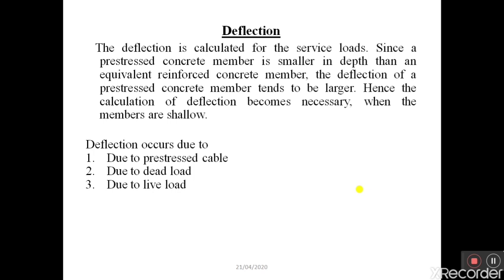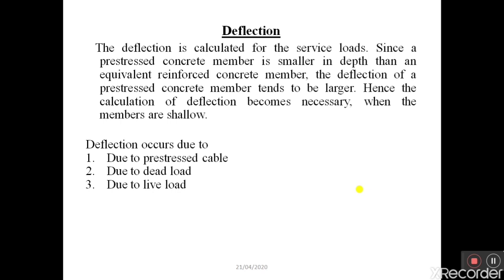So let us see what deflection is. Deflection is calculated for service loads. Since a prestressed concrete member is smaller in depth than an equivalent reinforced concrete member, the deflection of prestressed concrete members tends to be larger. Hence, the calculation of deflection becomes necessary when the members are shallow.